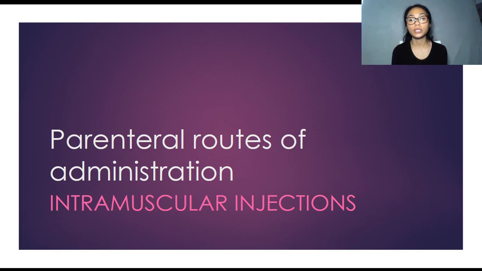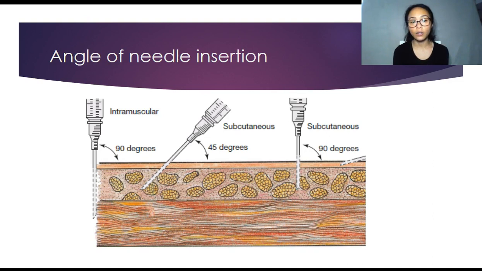There is, however, a risk of inadvertently injecting medications directly into blood vessels. The nurse will want to use longer and heavier gauge needles to pass through that subcutaneous tissue and to be able to penetrate the deep muscle tissue. So think back to that image that was on the previous slide, how we use that longer needle.